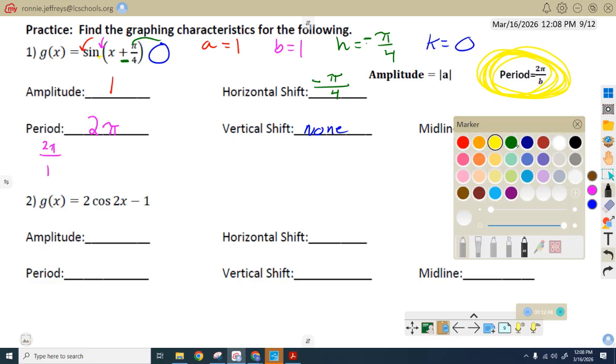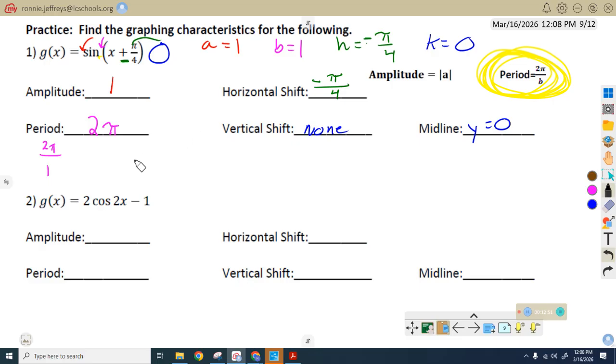All right, let's try the next one. A is what for this one? 2. All right, B. 2. H is normally held in parentheses with the X. So what is being held in parentheses with the X?